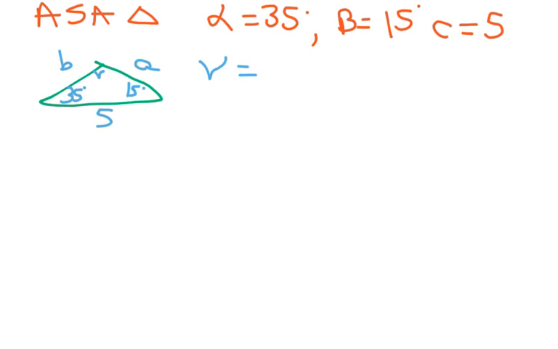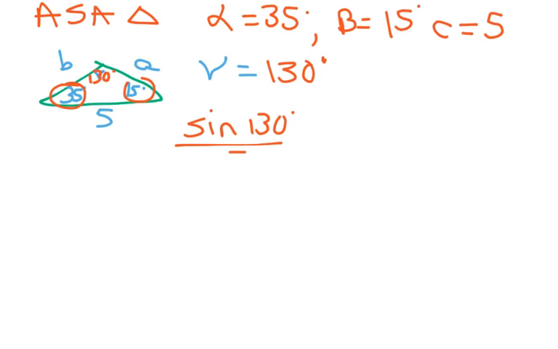And when I subtract these two angles here from 180, I'm going to get 130. Once I have this, I have the information. So I'm going to have to use my sine of 130 over 5 to start, and then I can either get my A or my B. So let's start with A.